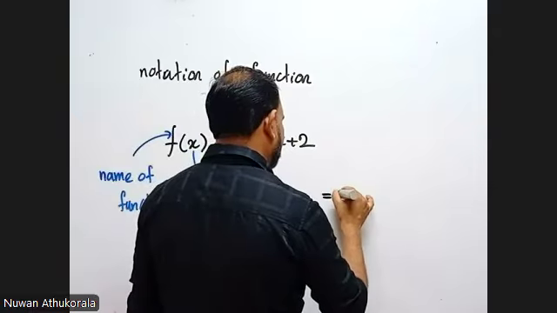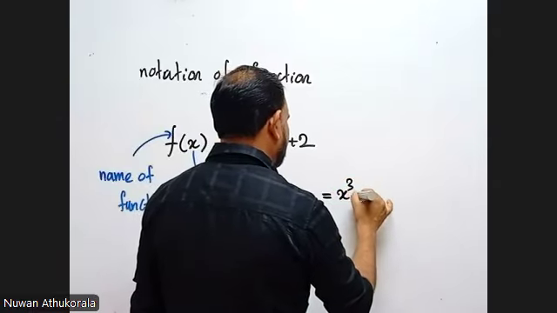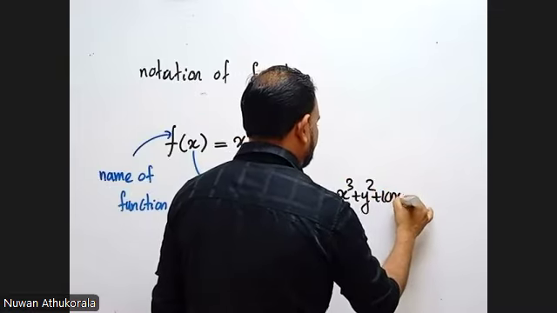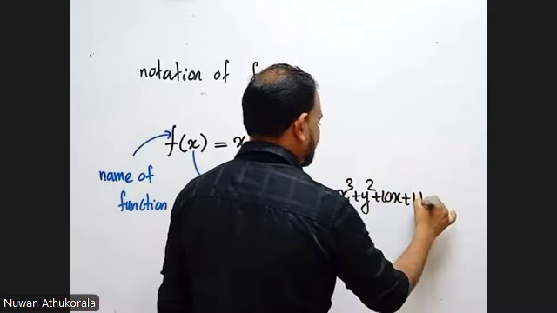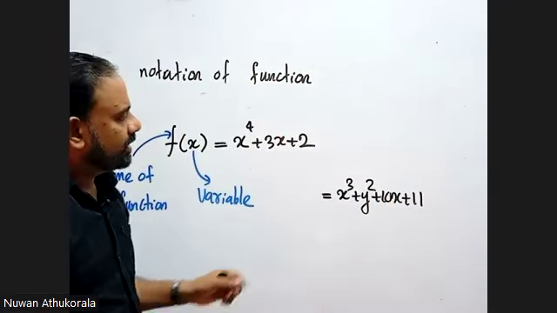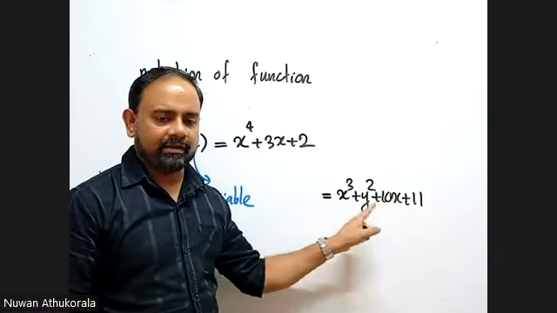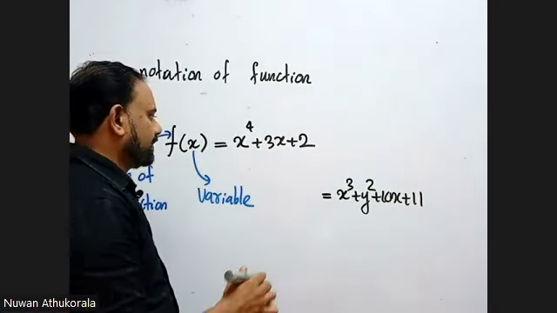Other example, x cube plus y squared plus 10x plus 11. Variables of this function are x and y, x and y.